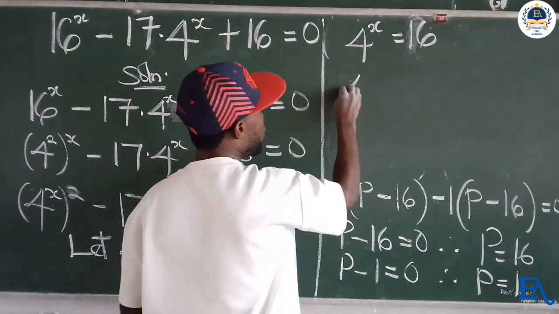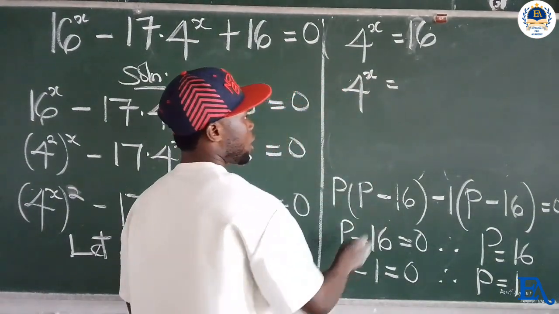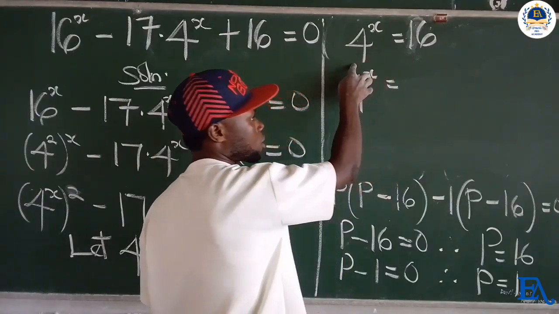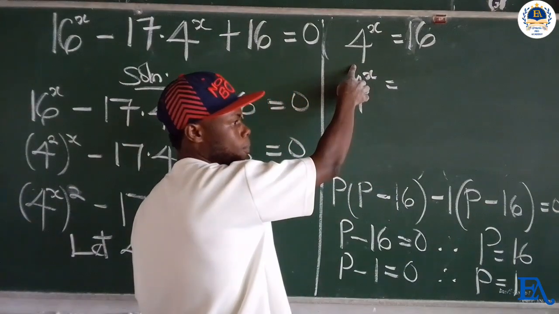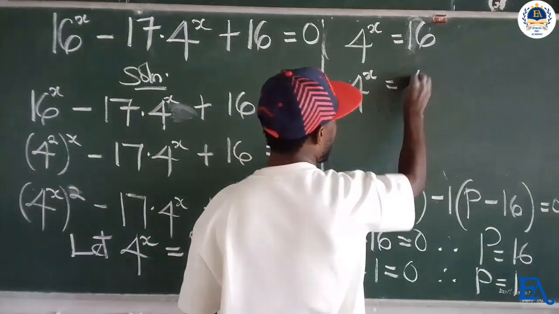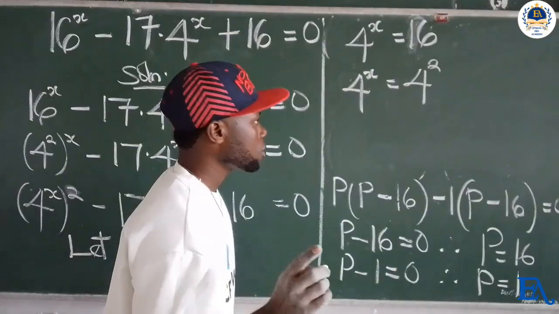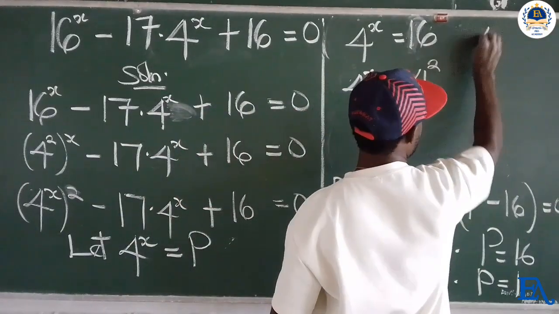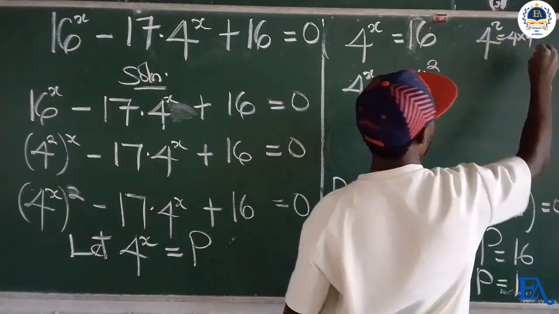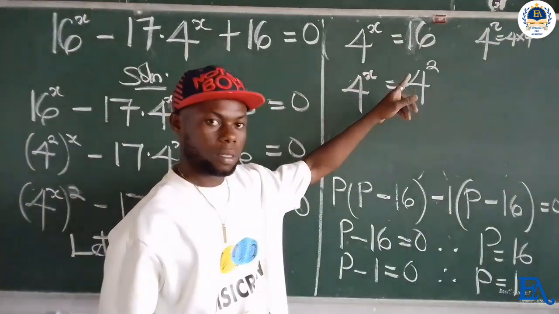That means 4 raised to the power of x is equal to, how do we change 16 into something like this? That is 4 raised to the power of 2. Now take note of this. 4 raised to the power of 2 means 4 times 4. And 4 times 4 gives 16.